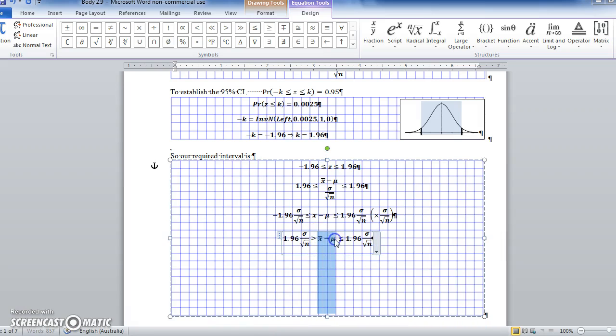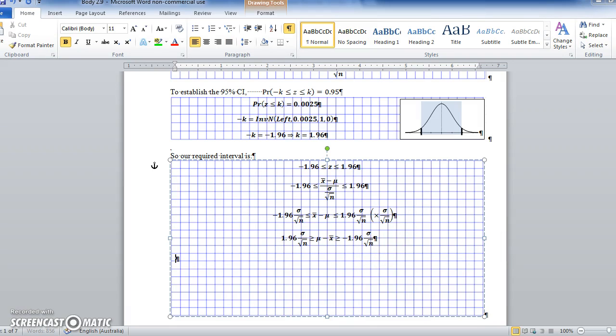Here, if we divide it by -1, we're going to get mu take x bar, and the inequality sign is going to change. And then if we divide this by -1, it's going to become -1.96 times sigma on root n.